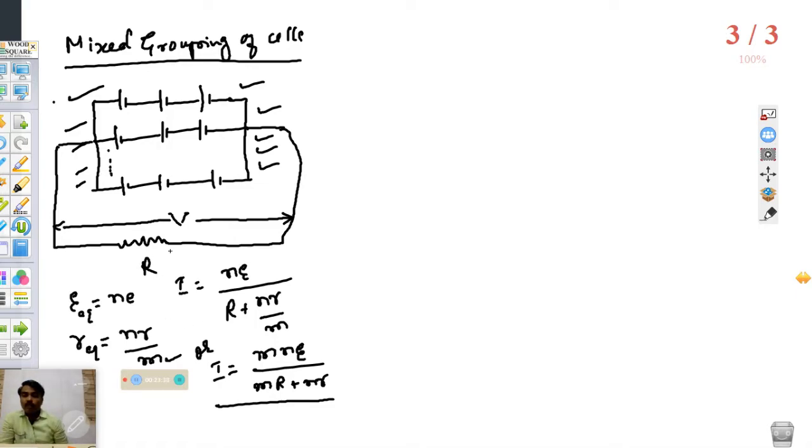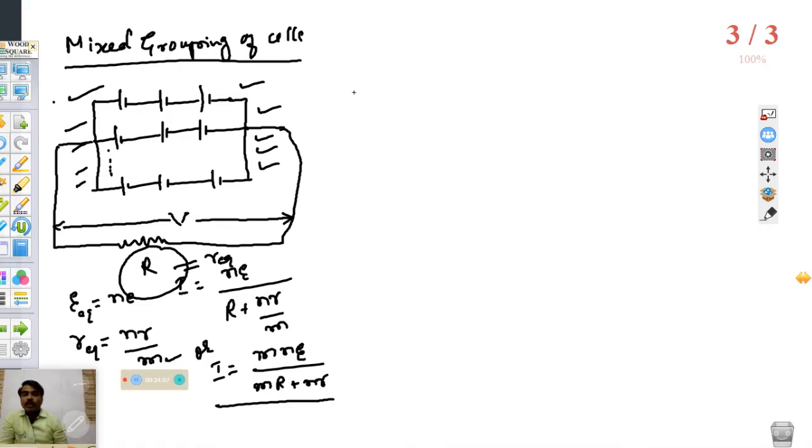It means the value of R, if it is equal to, okay, if it is equal, sorry for the disturbance, just a minute. So when the external resistance is equal to R equivalent, then the current is said to be maximum.